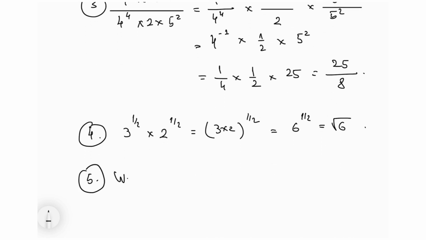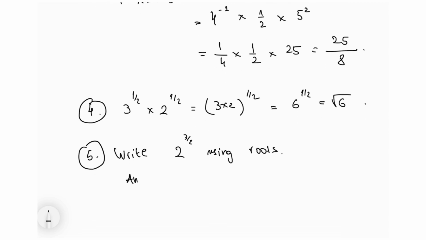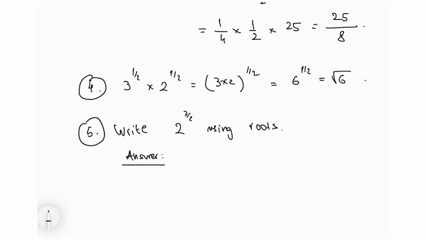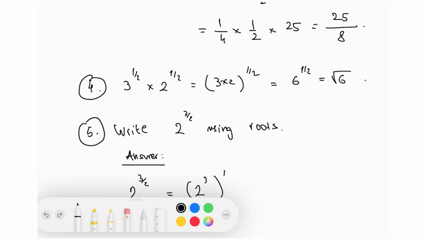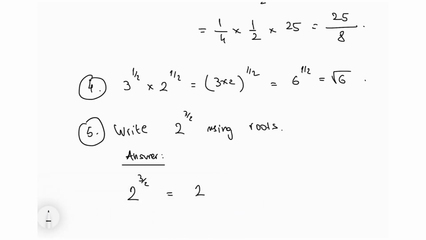Right. Write 2 to the power 3 over 2 using roots. So answer: 2 to the power 3 over 2 is 2 to the power 3 times 1 half. Let's just be very stepwise.